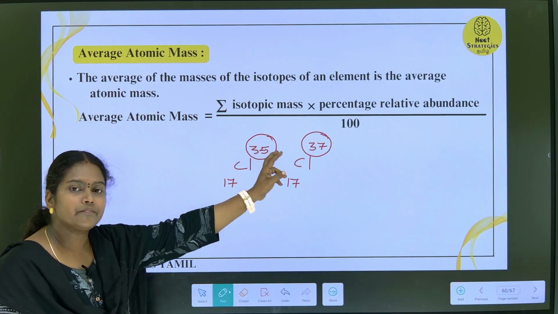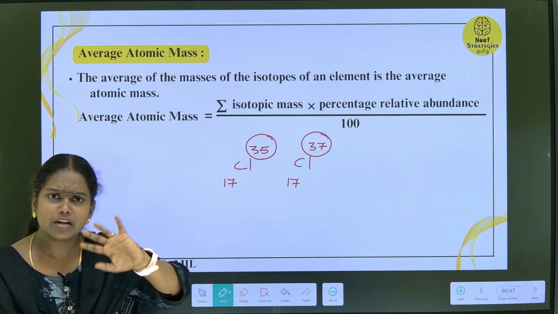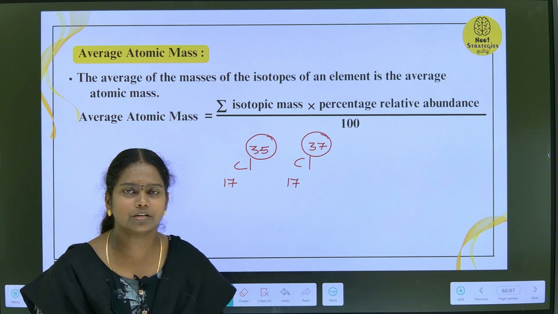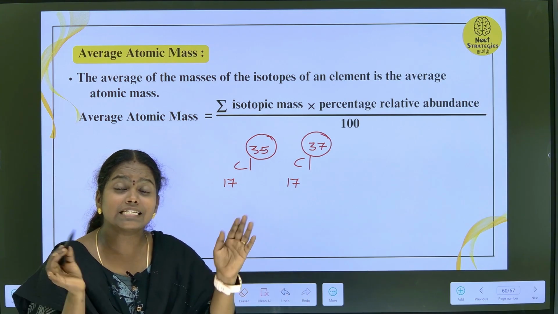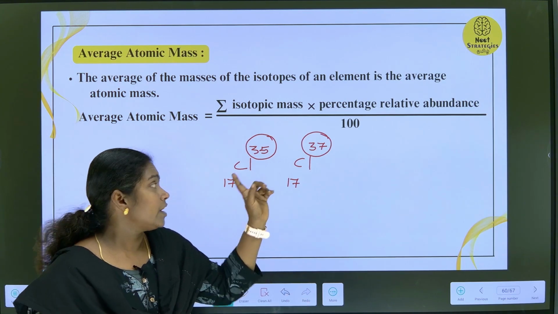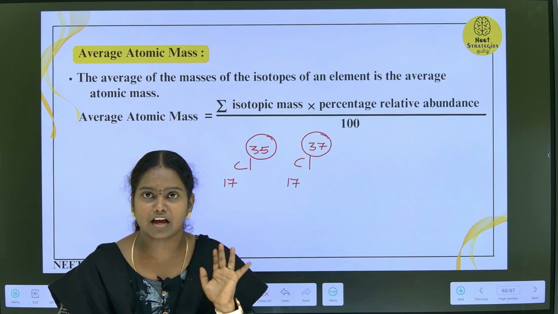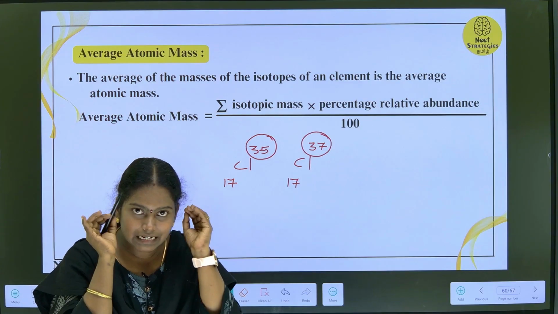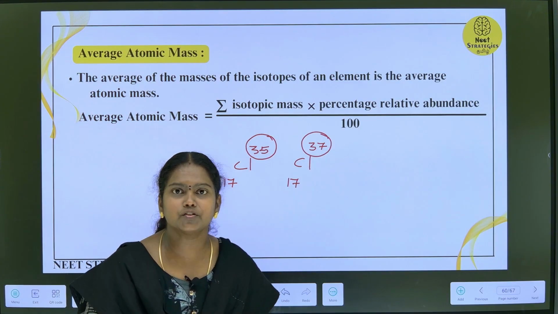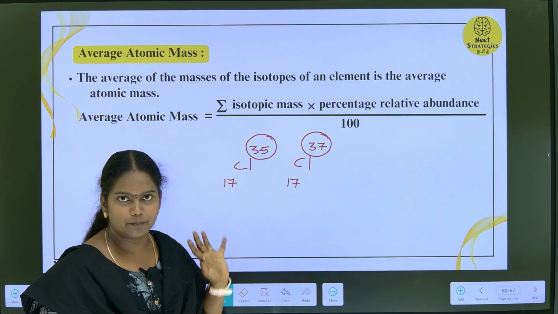In the case of different mass numbers, if there is only one mass there's no problem; we can substitute directly and get the answer. But if there are 2 different masses, whether I should substitute 35 or 37 will create confusion. To avoid that confusion we use this formula, right?